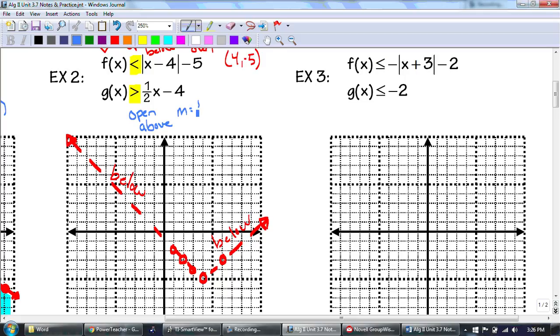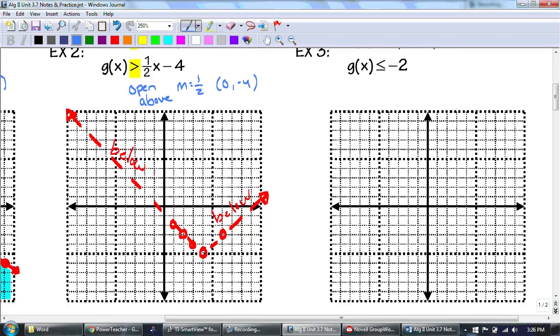My slope is 1 over 2, and I'm starting at the point 0, -4. Okay, so at 0, -4, I'm open. I go up 1 over 2, up 1 over 2, down 1 over 2, down 1 over 2.